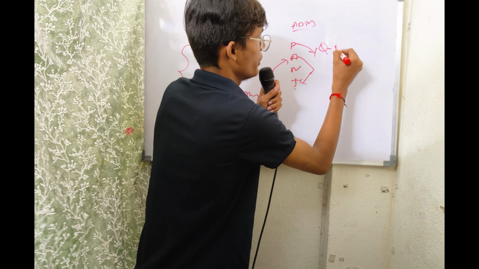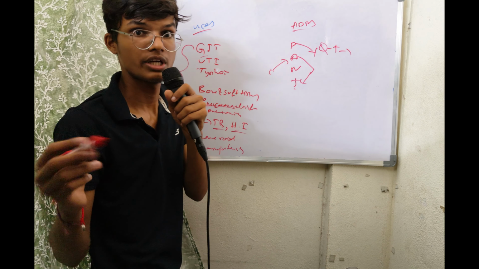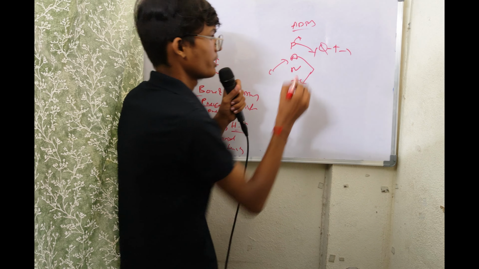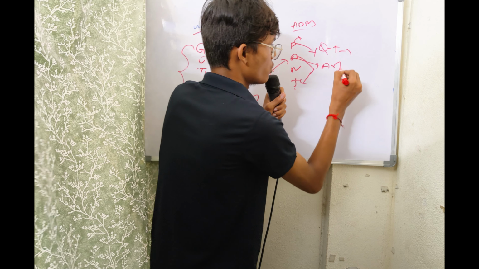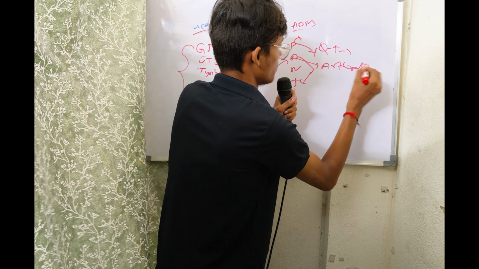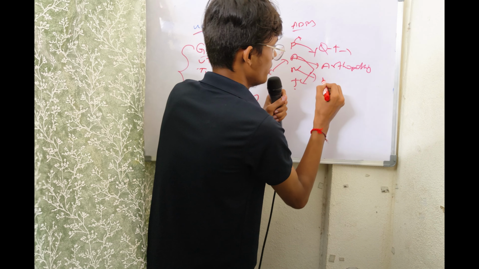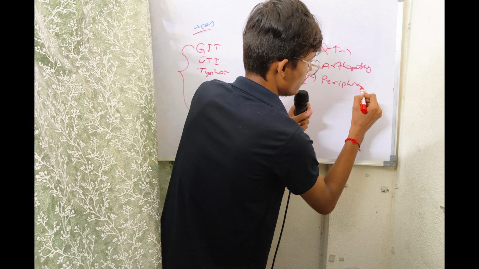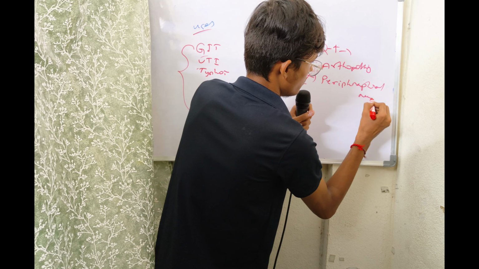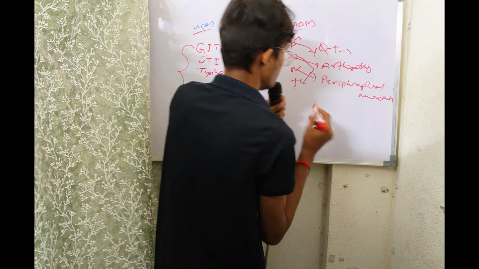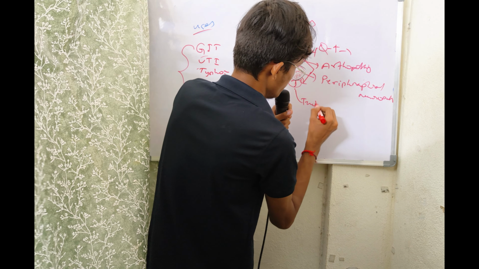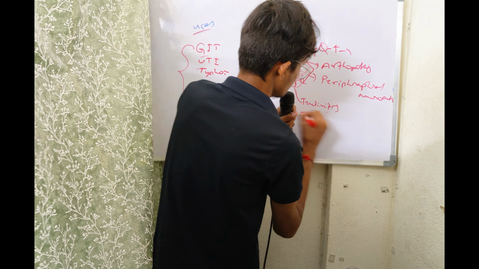Okay, Q for QT interval prolongation, which leads to Torsades de Pointes, and P for photosensitivity, and A for arthropathy, and N for peripheral neuropathy, and then T for tendinitis.